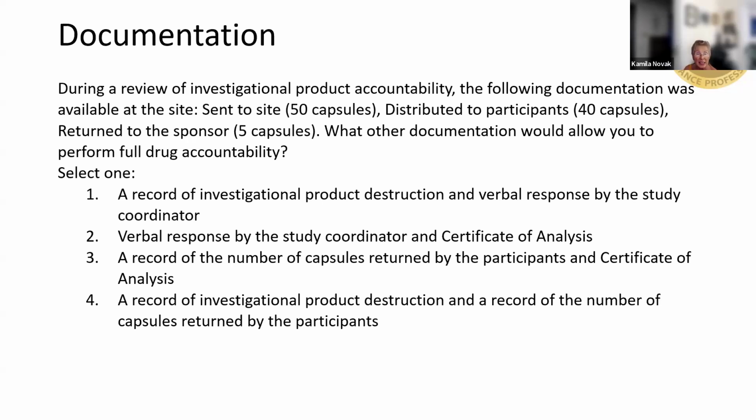You are auditing the site. The information that is in the scenario is not complete.